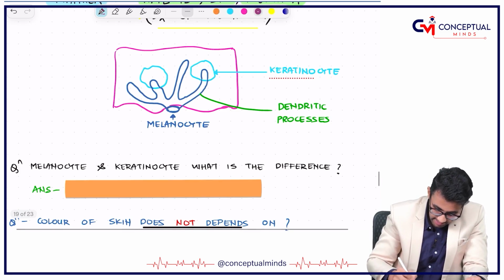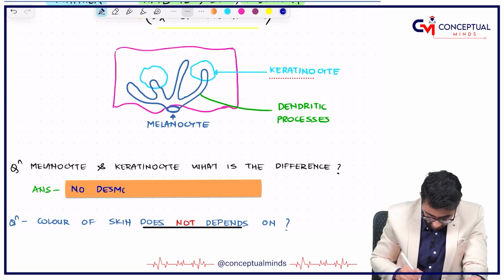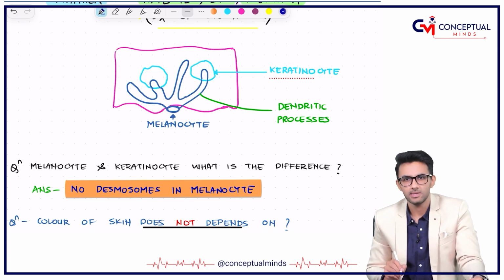So let us write it down: no desmosomes in melanocyte. Okay, so that is the one.